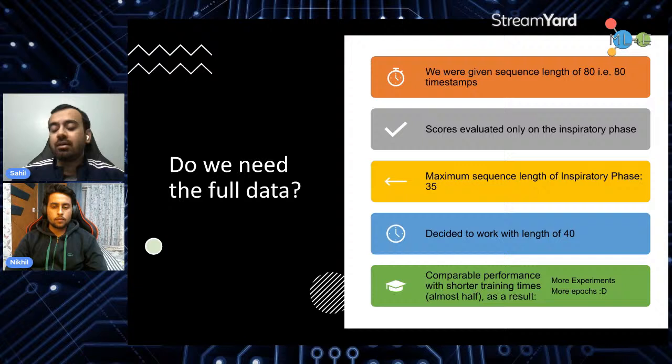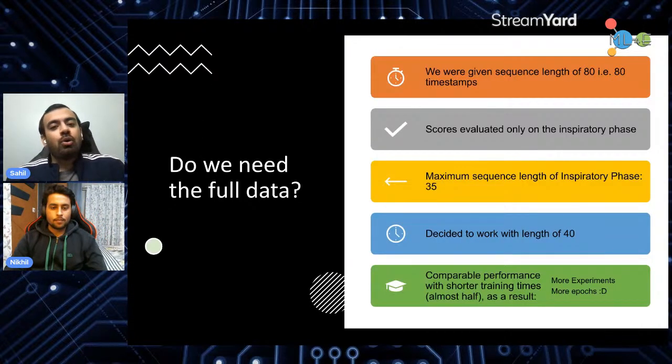Because of the shorter training times, we were able to experiment more, and we were able to train our models for longer. So one of the key ingredients of our solution is that we trained our models for around 1,000 epochs. That was possible partly because of this.